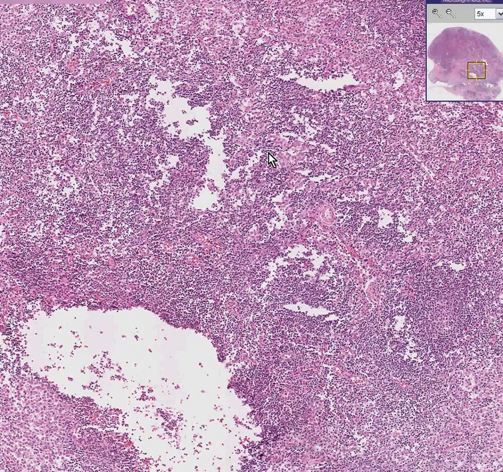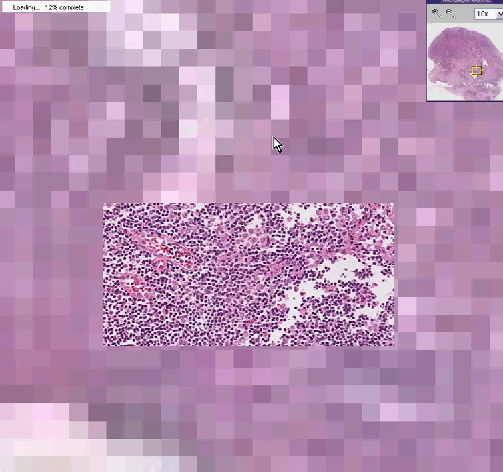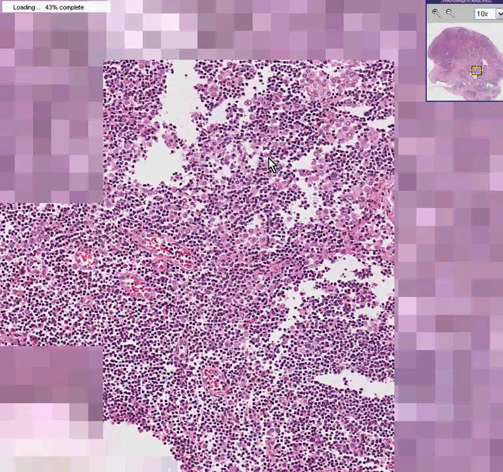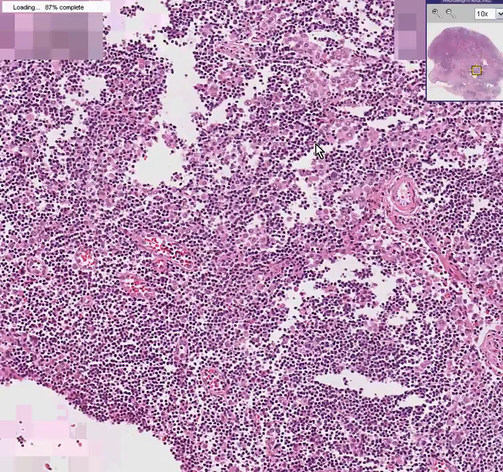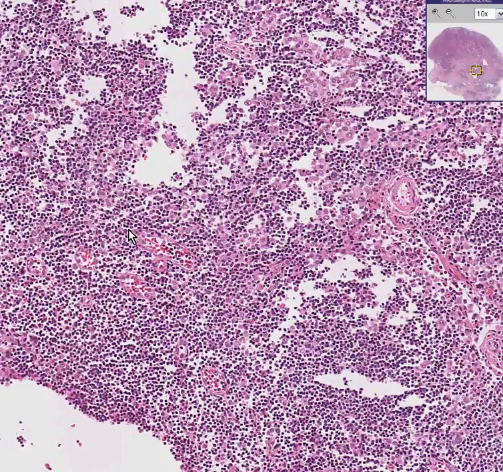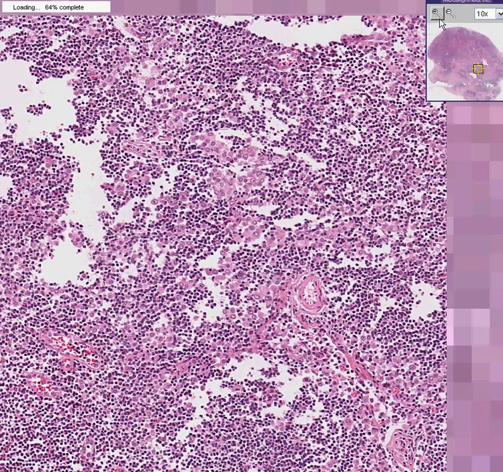And you will soon see that even though the majority of these cells look kind of lymphoid, take a look over here and here. Could these be perhaps some other kind of cell? Let's take a look at these darker, more irregular cells and go to their highest power.